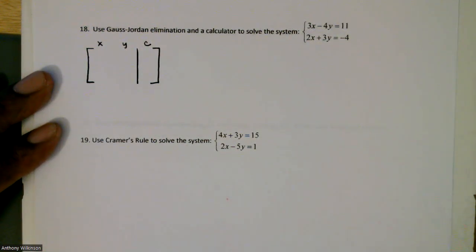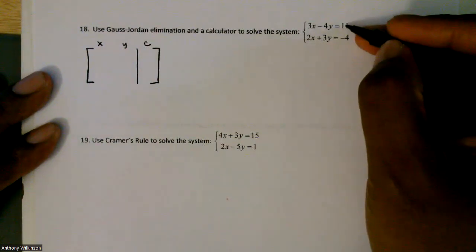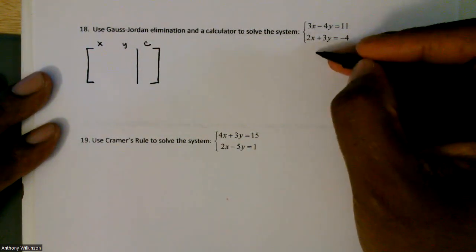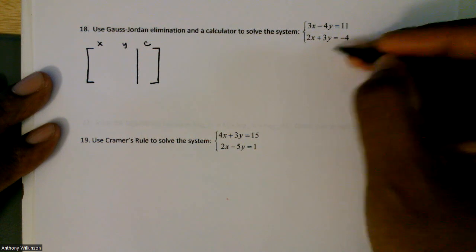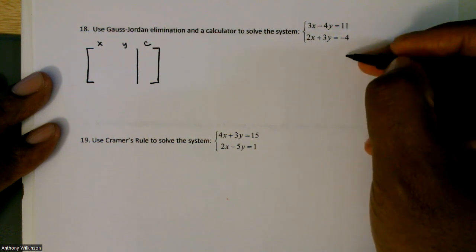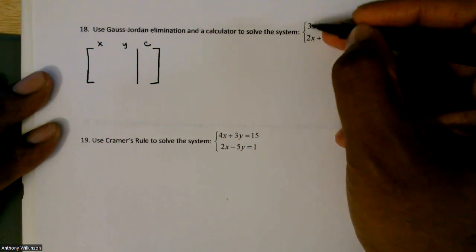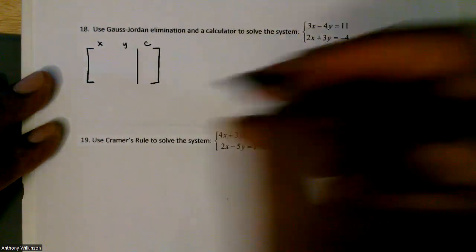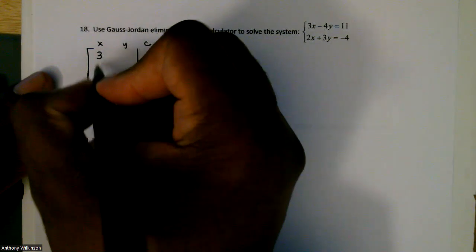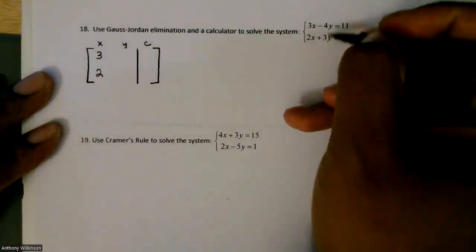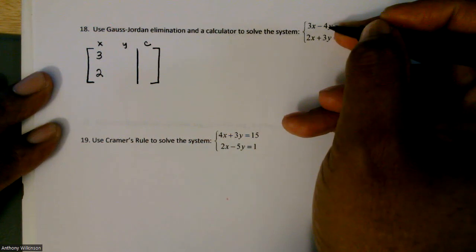Now, in this case here, you want to make sure that your equations are both in standard form, meaning the x and the y are on the left side and the constant term is on the other side. So the first column will be your coefficient of x in this order, 3, 2. Then the coefficient of y in this order, -4, 3.